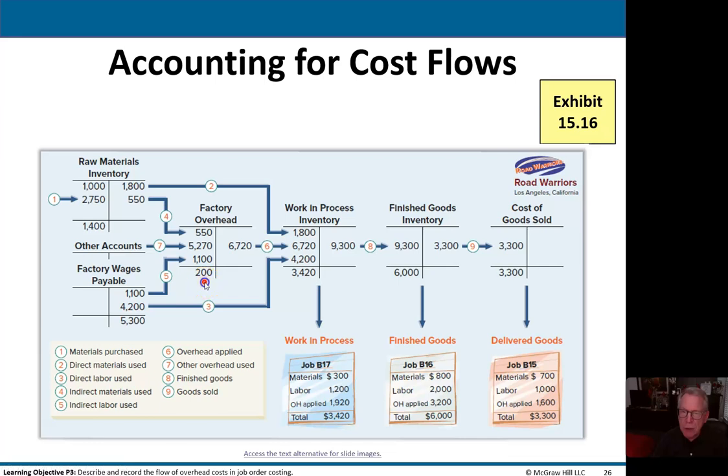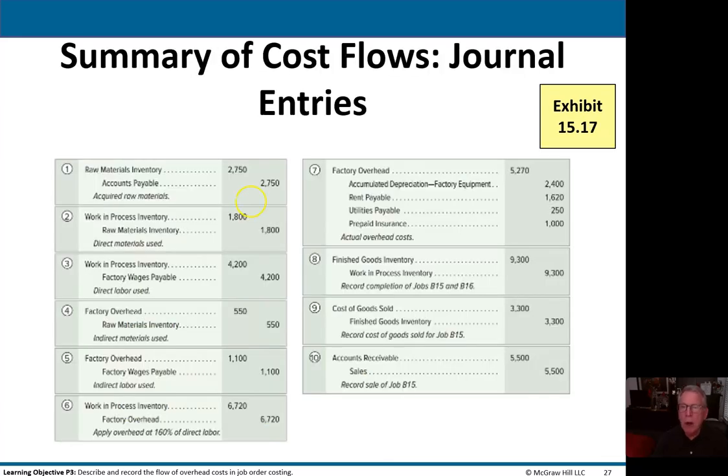And so that left us a $200 unapplied overhead. And the way we're going to get rid of that, I will just tell you in advance, not to jump too far ahead, we'll debit cost of goods sold and credit factory overhead so that we zero out that factory overhead at the end of the month. Then here are our journal entries for all of that.